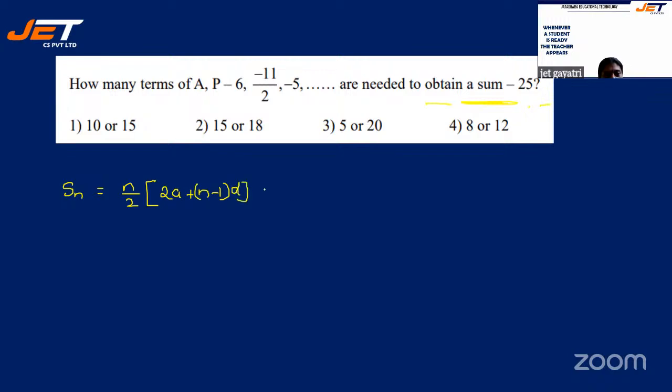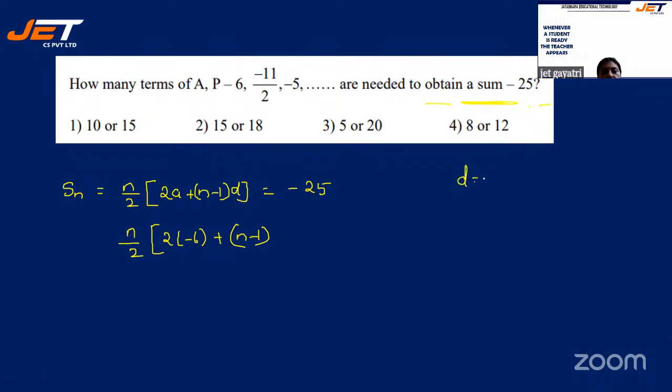Now they say that Sn is minus 25, which is given. What do we need? How many terms, meaning n, we don't know. What is a? A is minus 6. What is n minus 1? We don't know. What is d? Second term minus first term.